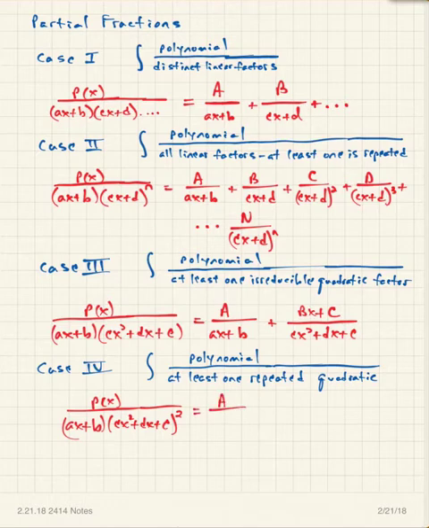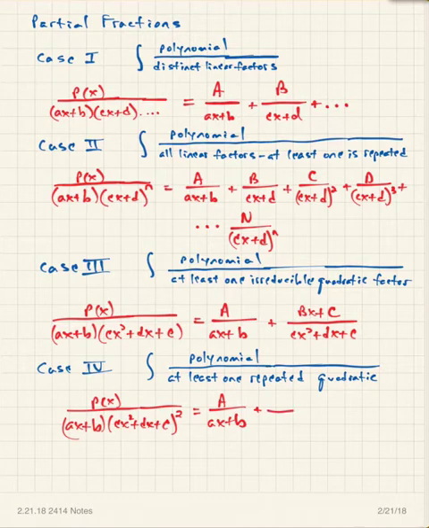So you have capital A over ax plus b. So we take care of that linear factor just like we've done all the other linear factors above. And then you kind of do the same thing that you did with a repeated linear factor. You need separate fractions for every power of that quadratic.